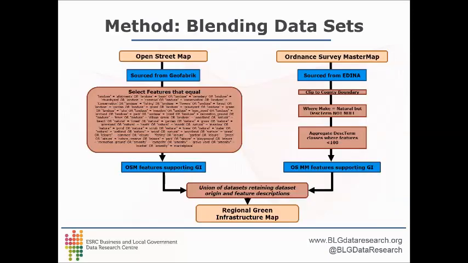So the methodology that we've ended up developing is the kind of approach that you can see described on the slide here, where we are essentially using OpenStreetMap as one source, and then we're using the Ordnance Survey MasterMap database, which is available, for instance, for universities and research purposes from EDINA, and is available, for instance, to local government through other licensing arrangements.